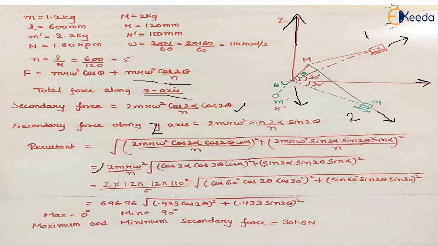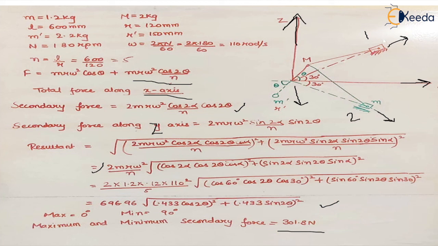We know what is alpha, right? We know what is mass of the rotating parts, mass of the reciprocating parts, right? And we get this equation, and this gives us the maximum. Whether you place theta 0 degree or 90 degree, we find that the maximum and minimum secondary force remains the same.